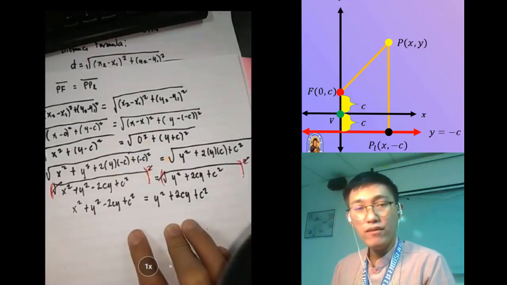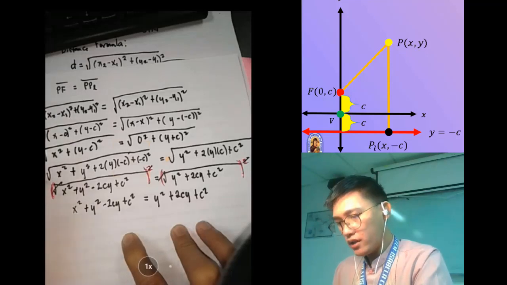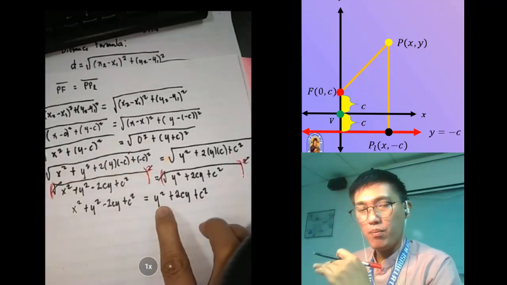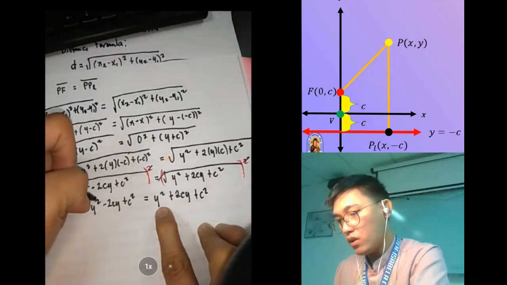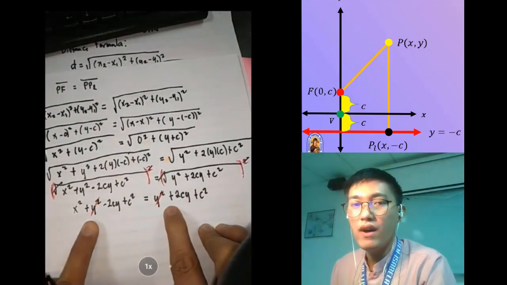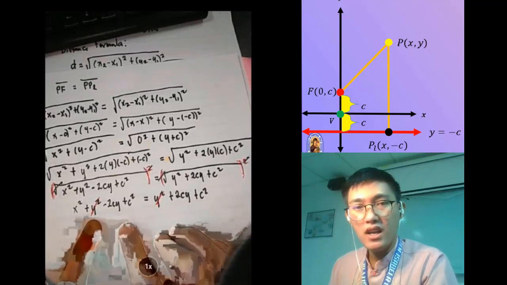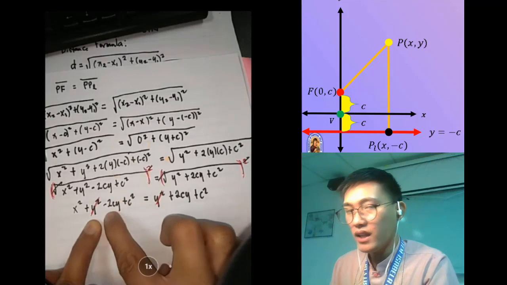Now we have to combine like terms. So just to cut it short, y squared and y squared, since they are in different parts of the equal sign, if they have the same sign, then we can just cancel them, because if we are going to move one of them, for example, y squared will stay and this one will move, it will become negative y squared.